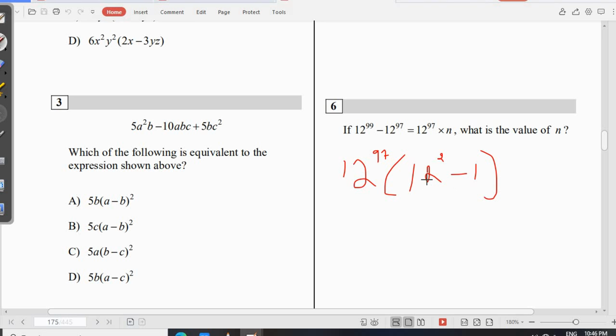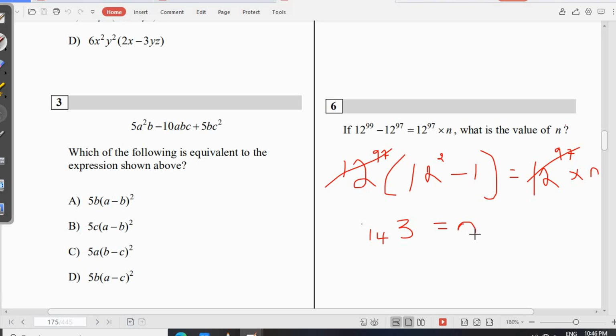So 12 squared minus 1 is equal to 12 raised to power 97 times n. So you cut this off, you have 12 raised to power 2, which is 144. 144 minus 1 is 143. So we have 143 equal to n, and that is your answer.